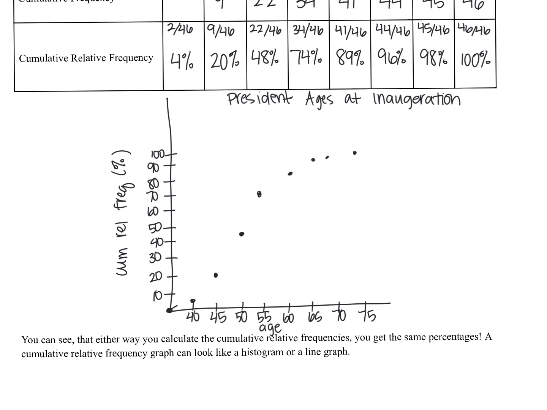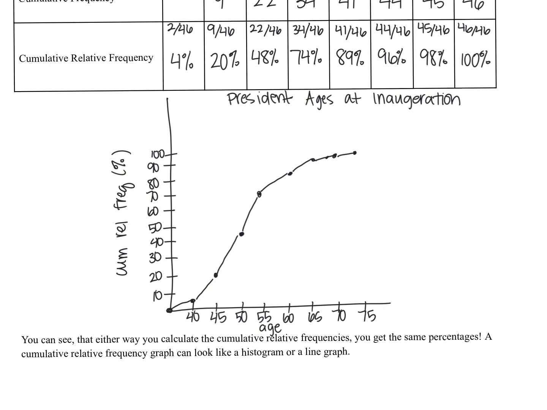And then you connect them with the lines again. Slightly off with that dot. And as you can see, it's pretty much the same percentages, just because of rounding, they're slightly off.